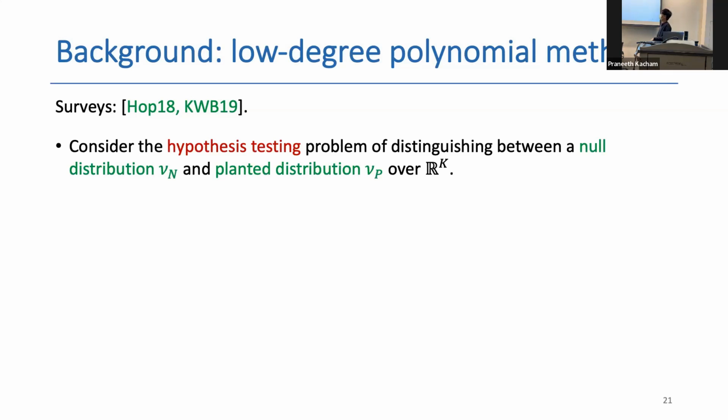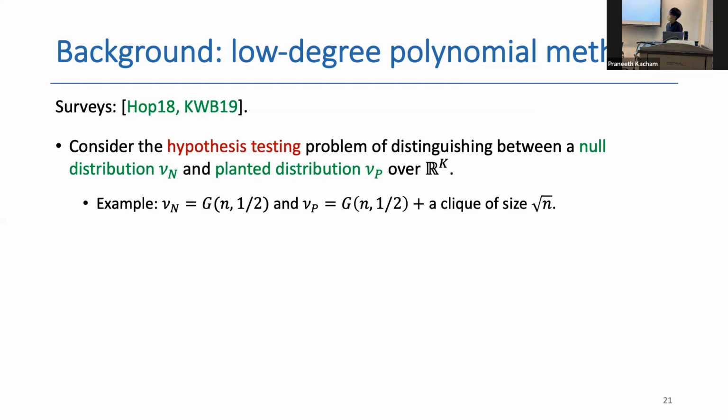Okay, so consider the hypothesis testing problem of distinguishing two distributions, a null distribution and a planted distribution, over R to the K for some K. As an example, the null distribution is just an Erdős-Rényi graph G(n, 1/2), and the planted distribution is G(n, 1/2) plus a clique of size root n, where this clique is chosen at a random location.